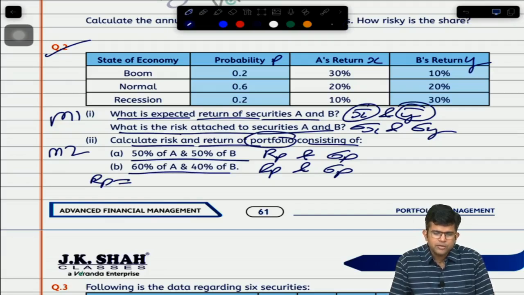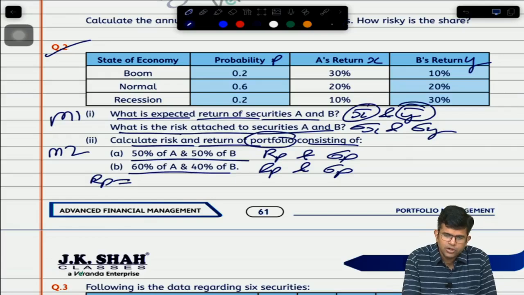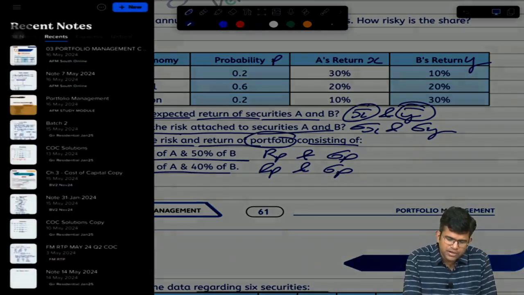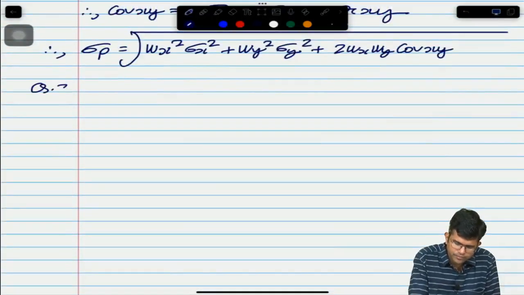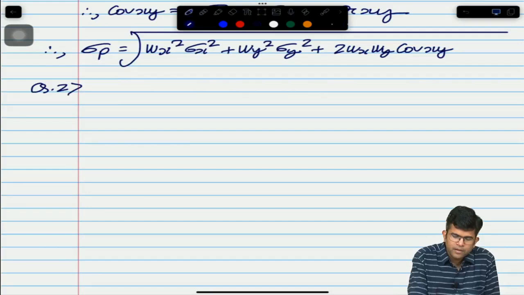Okay, so students, let's start. We'll first put down the formulas and then we will see what all is required. So write down question number 2.